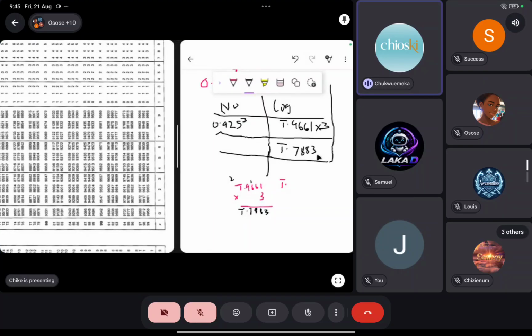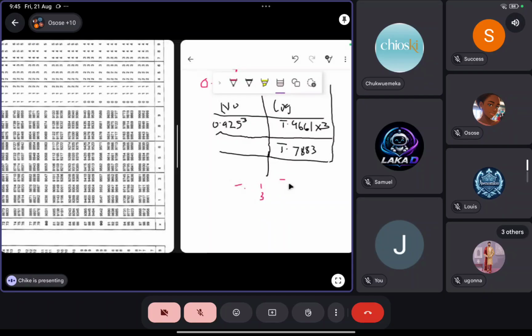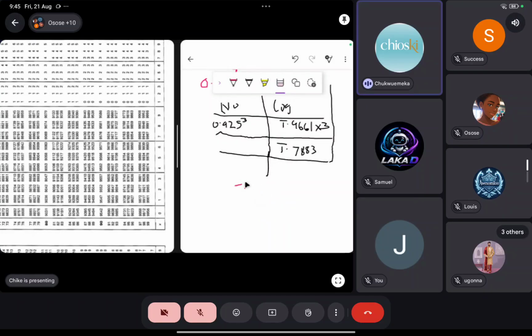Sir, I'm still not familiar with the multiplication process. So you say you are still what? I'm still not familiar with the multiplication process for the logarithm.